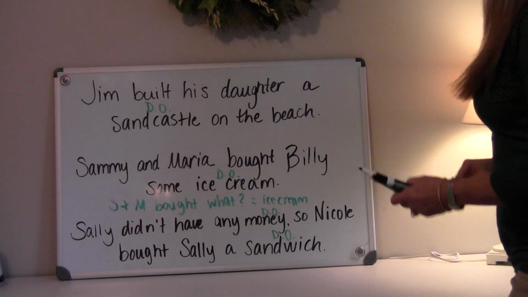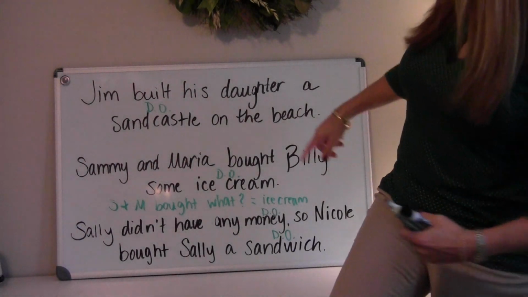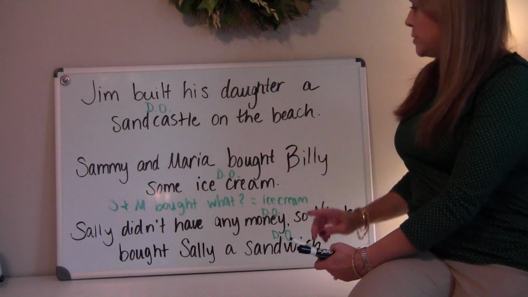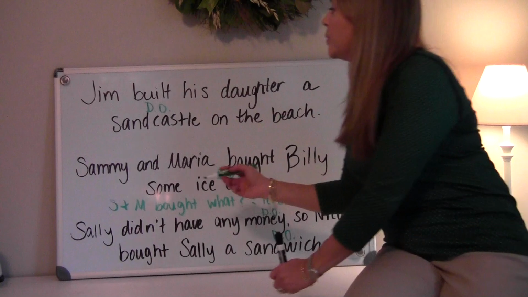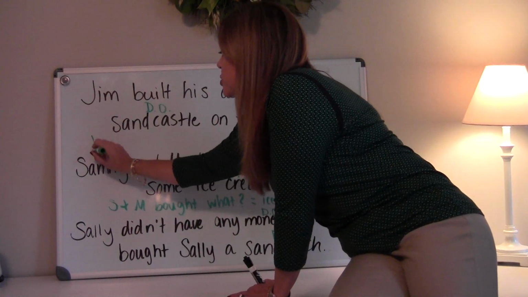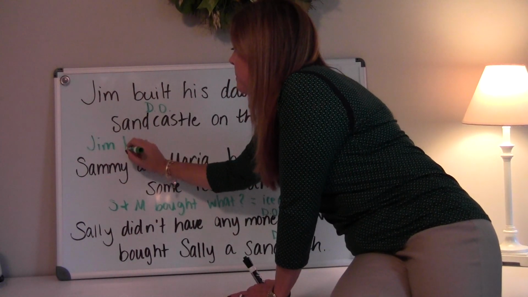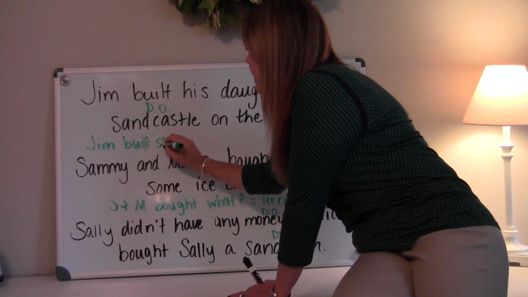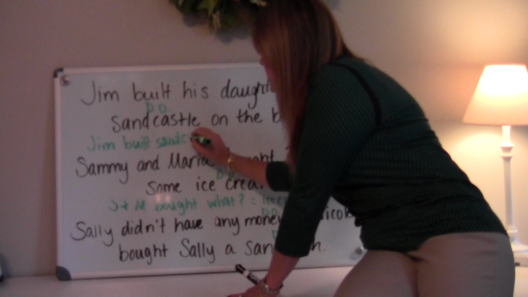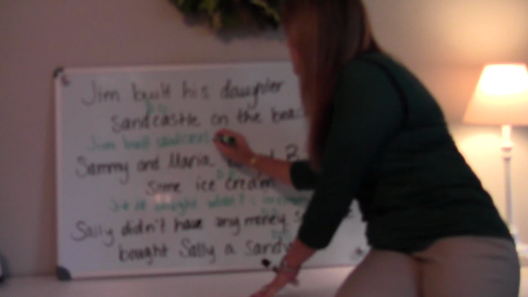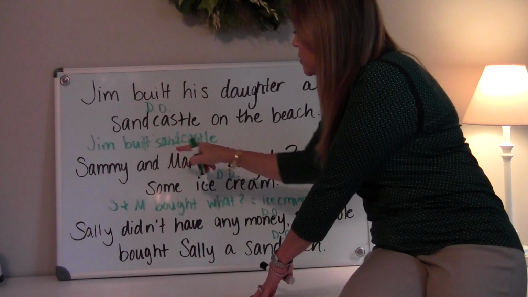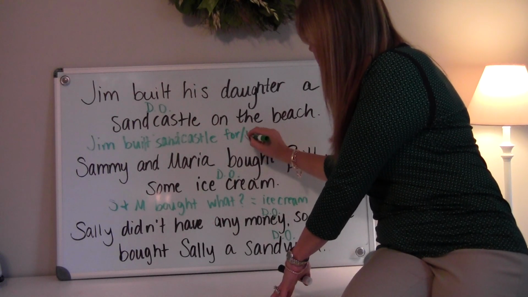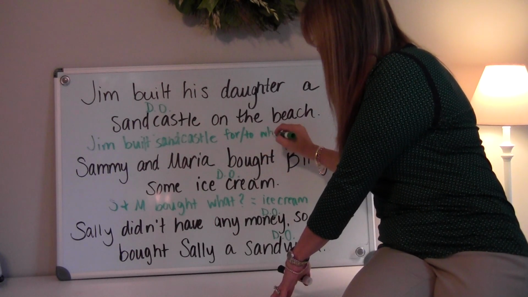So let's look at this first sentence again. Jim built his daughter a sandcastle on the beach. My question is going to be: Jim built sandcastle, because sandcastle is my direct object. And here's where it's for or to whom.